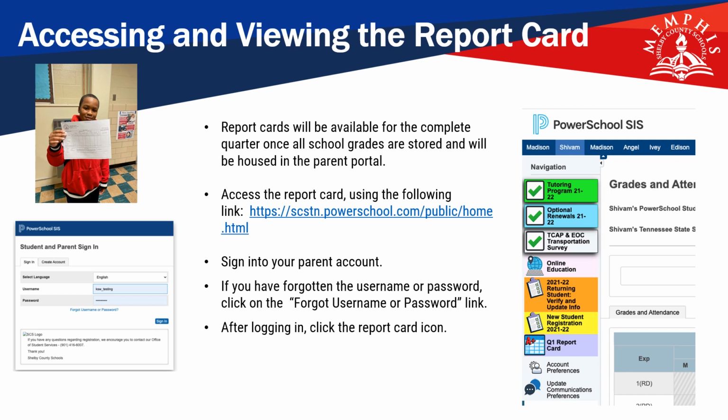You can do this by going to the school website and clicking on the registration link, and you'll be able to sign in to PowerSchool. Or you can go to the App Store on your phone and just go ahead and download PowerSchool.